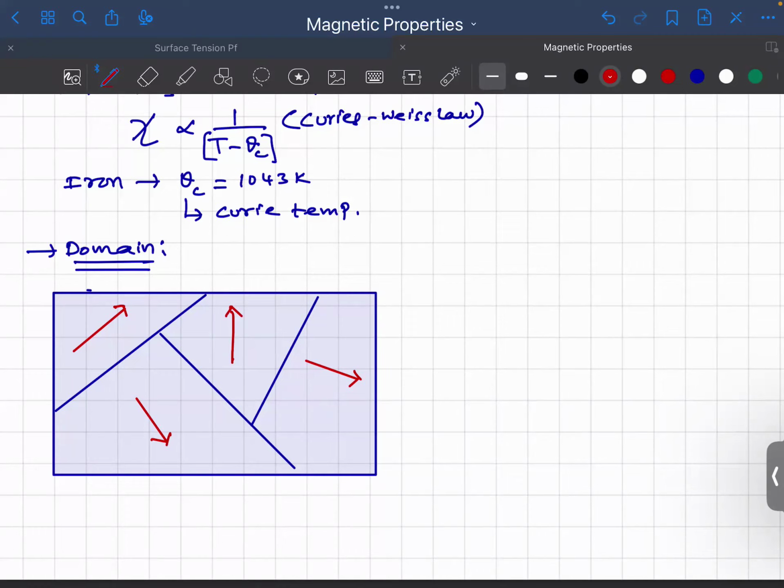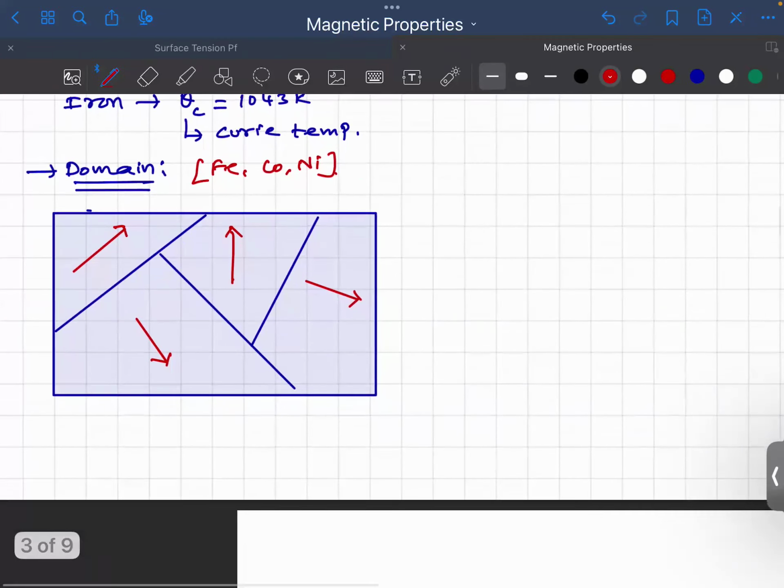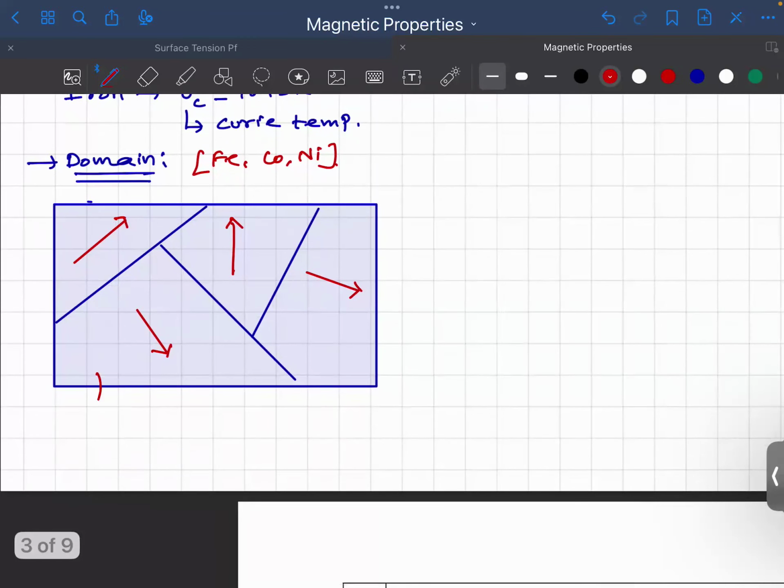So what is happening in a domain? For example, I can give you examples: iron, cobalt, nickel, etc. You will notice this. See, the reason for the entire magnetic moment being directed in one specific direction within that small volume is spin orbit interaction.